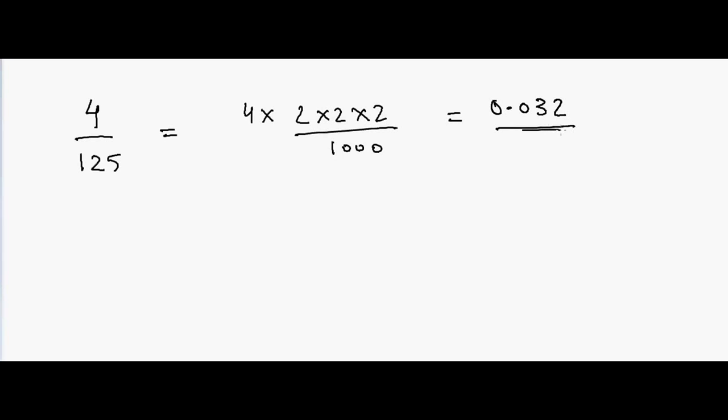That's our answer. Again, if I have 20 and want to divide by 125, 2 into 8 is 16. So I put 16 here, and then I have one more 0 here, but then I can do this. So this will be my answer.